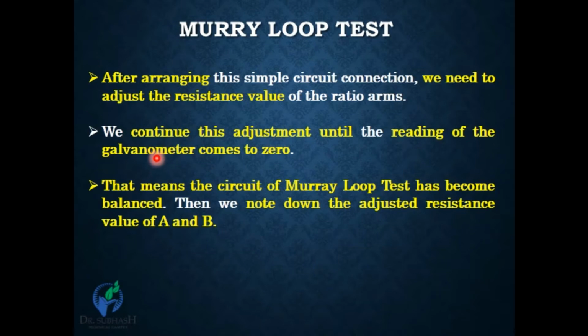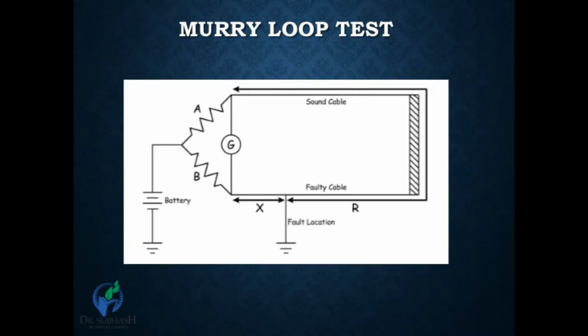When the galvanometer indicates 0, it means the circuit has become a balanced circuit. Now we simply note down the values of resistor A and resistor B, which are useful in further steps.